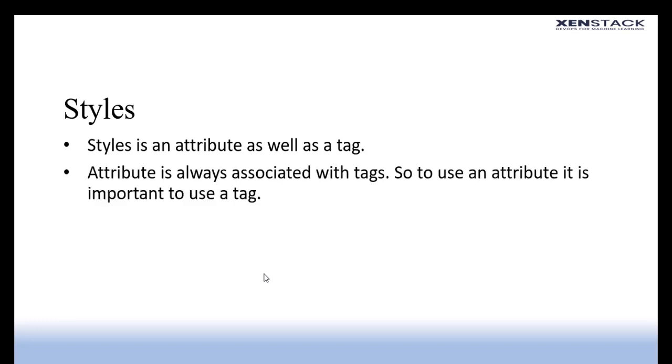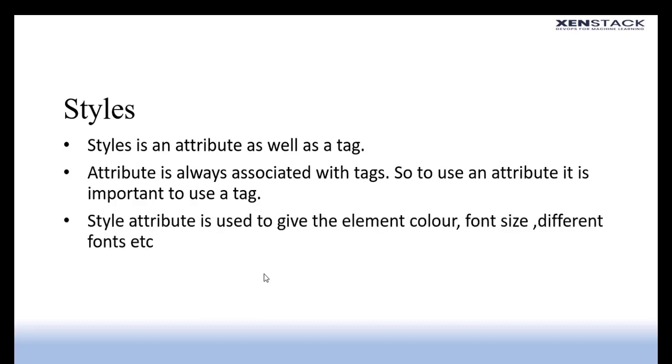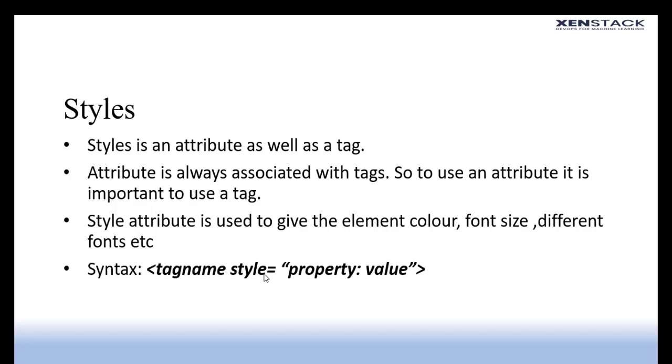Next is styles. Now style is not only a tag but also an attribute. An attribute is always associated with a tag. So when you're using style as an attribute, make sure you always use it with a tag. Style attribute is used to give an element color, font size, different fonts, etc. That is for embellishments.